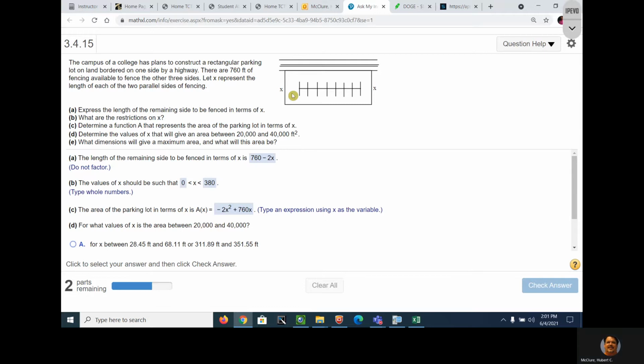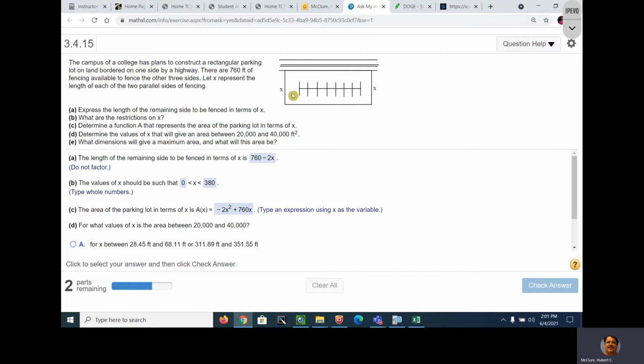Therefore, the whole perimeter minus 2x is equal to this side right here. So that's one of the questions they ask. You take the perimeter and subtract x plus x, which is 2x, and that's the third side.